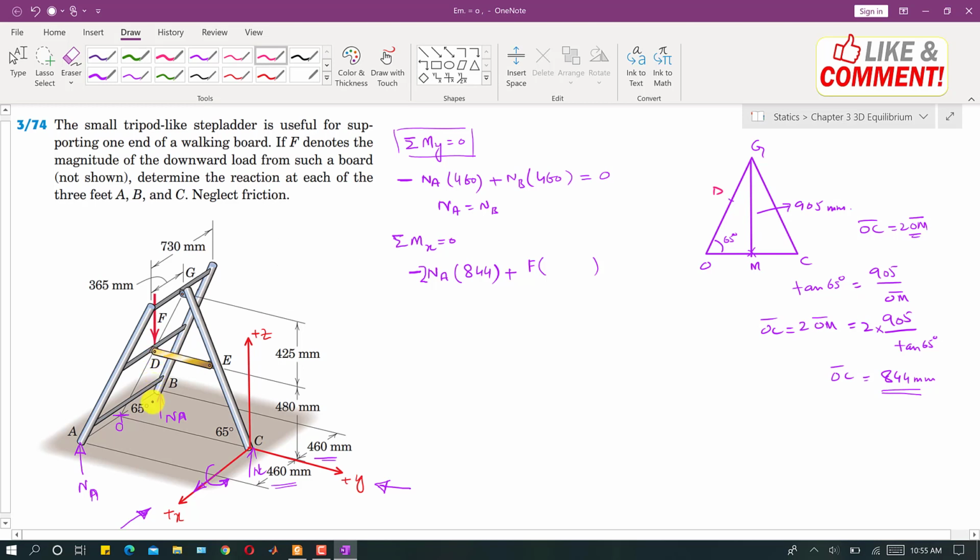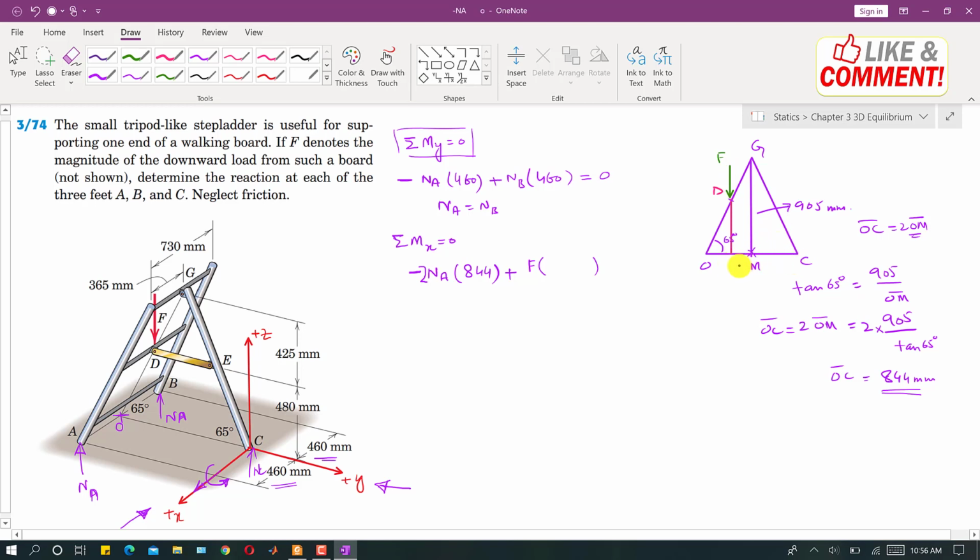If I extend the line of action of this force, let's say this is the extension, and let me mention the force here as well, the force acting at this point D. The perpendicular distance of this force from point C is this much.